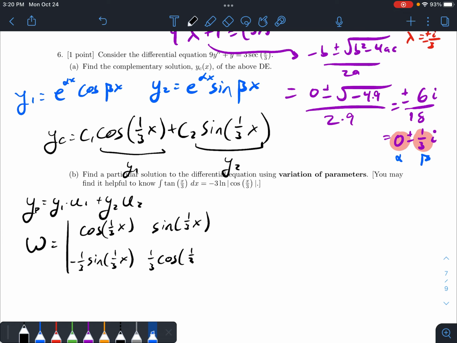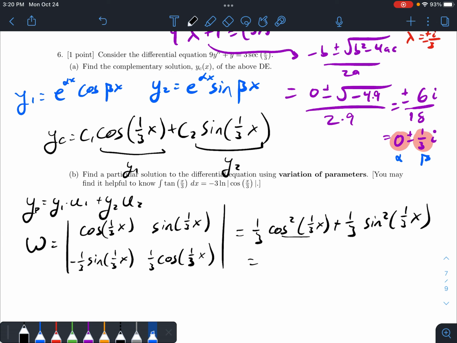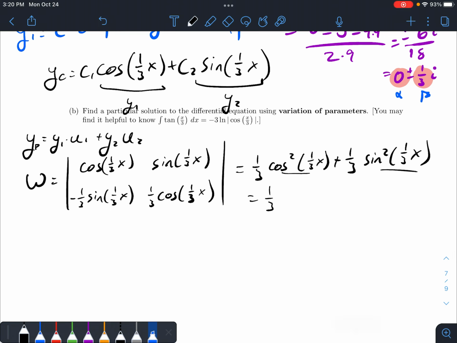Derivative of sine is cosine times the derivative of the inside, which is 1/3. So this Wronskian gives us 1/3 times cosine squared of 1/3 x minus negative 1/3 sine squared of 1/3 x. We can factor out 1/3: a third times cosine squared plus sine squared, which equals 1. And so we're left with just 1/3.